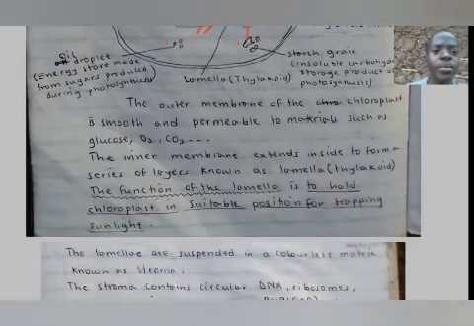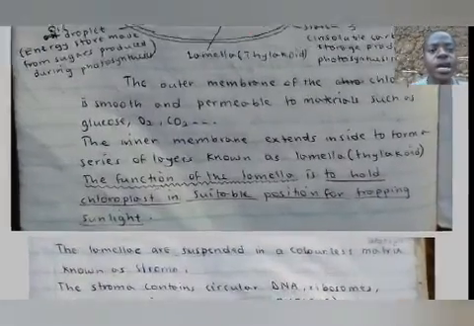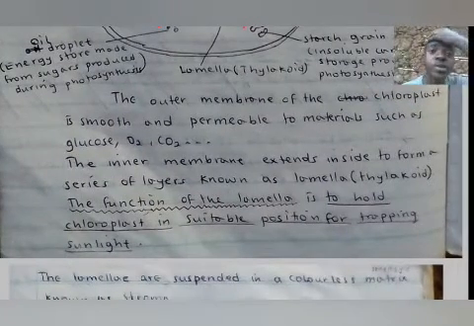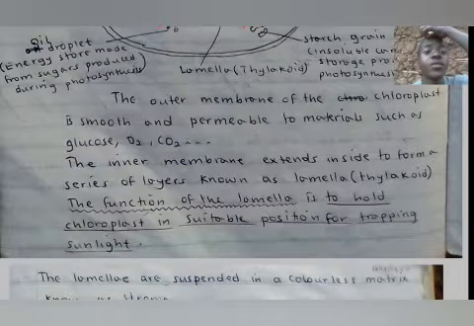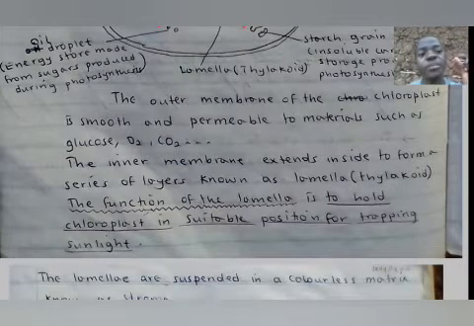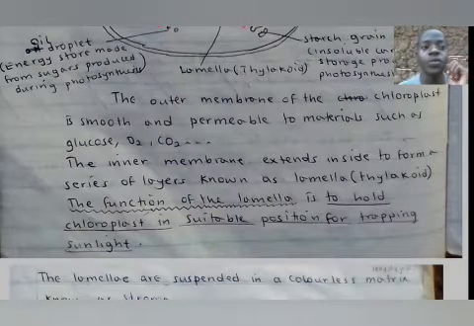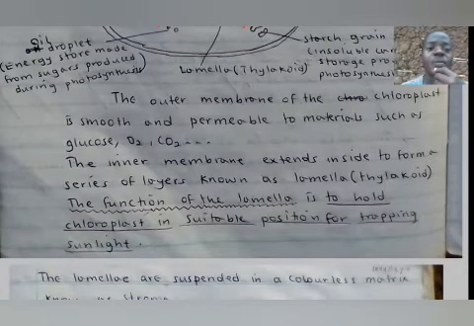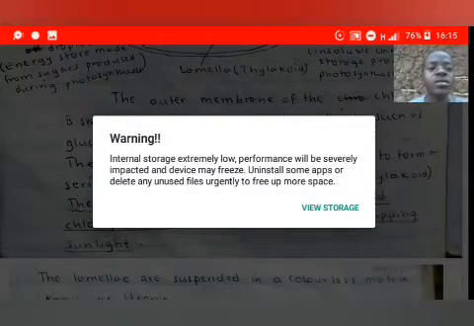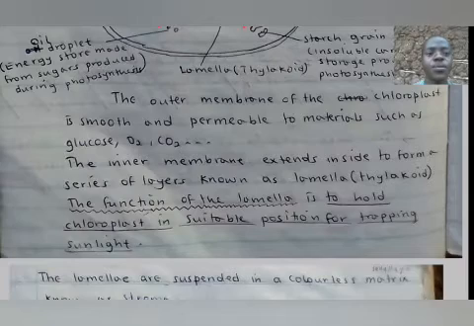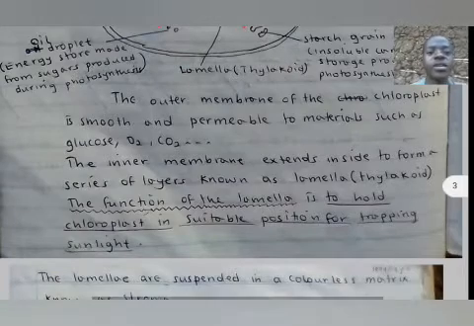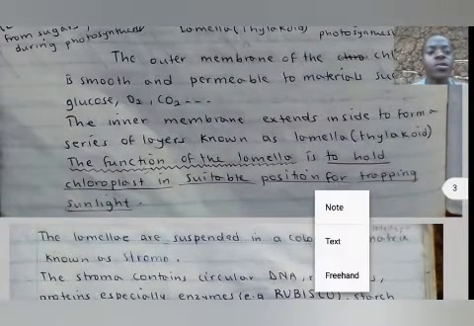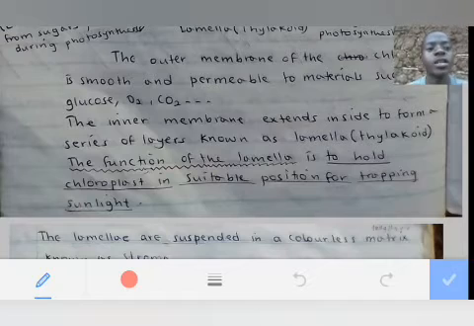Now the outer membrane of the chloroplast is smooth and permeable to materials such as glucose, oxygen, and carbon dioxide. Very many of these materials can enter. But the inner membrane extends inside to form a series of layers known as the lamella, which can also be biologically known as thylakoid.